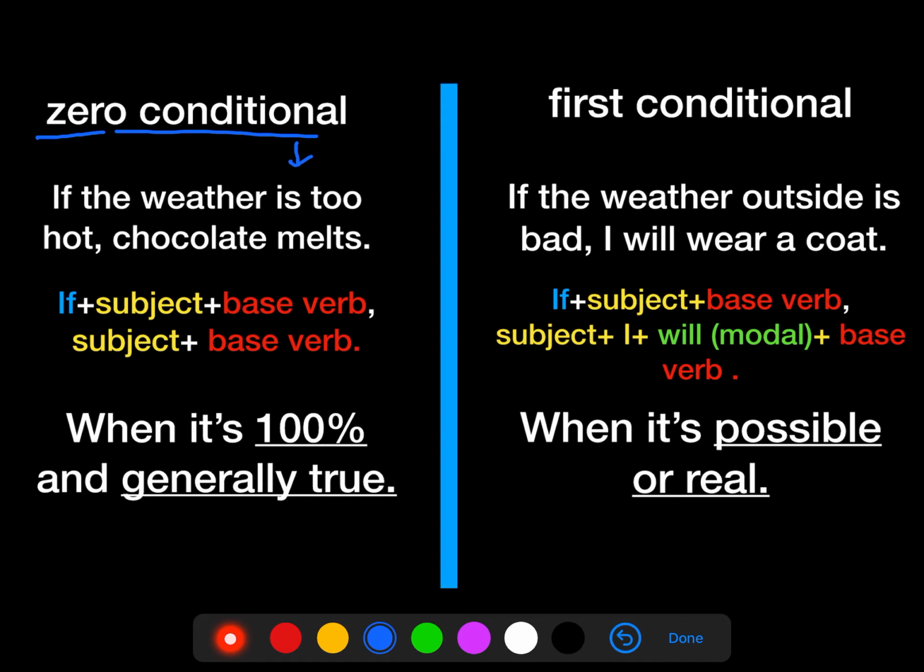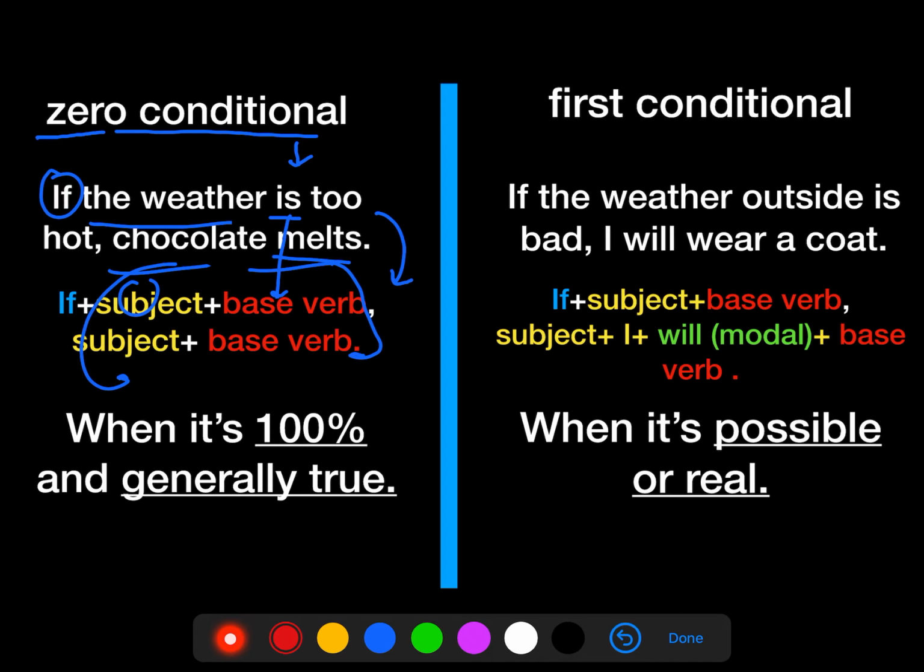If the water is too hot, chocolate melts. Then how do we structure the sentence? If, subject, the water is, base verb, and then the chocolate melts.